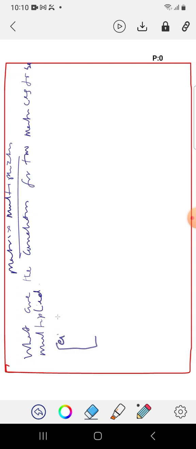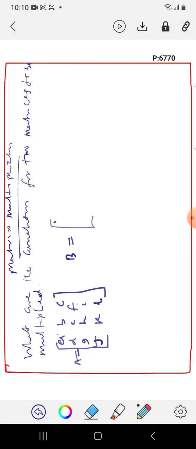We're calling it A, B, C, D, E, F, G, H, I, then we can have J, K, L. This is the first matrix, and I'm going to call it matrix A. Now I'm going to call this B: M, N, O, P, Q, R, S, T, and U. Okay, those are the two matrices that I have created.